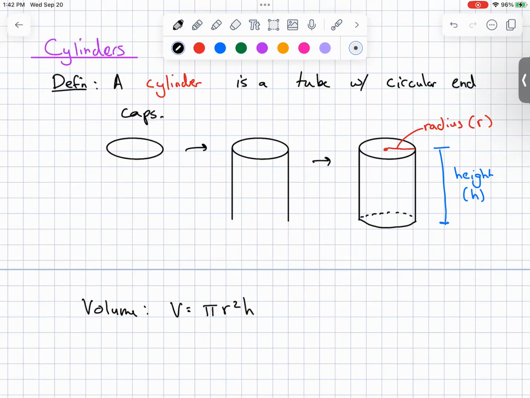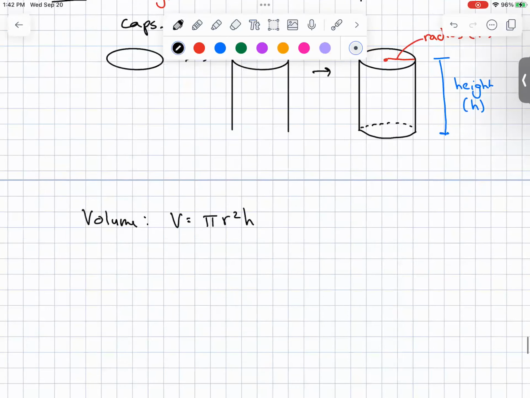The area of a circle is pi R squared, and so we're just taking pi R squared and multiplying it by H. A cylinder is basically taking a bunch of circles and stacking them up until they reach a height of H. And that's why the formula is pi R squared H. Pretty cool. Surface area, on the other hand, is a little more daunting.